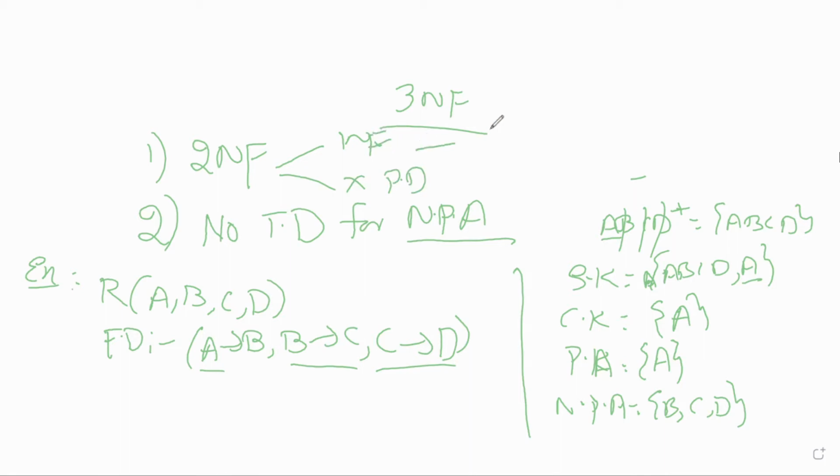What is 1NF? It should have only atomic values. As the given example is a relation and not tabular data, assume that it's already in 1NF. So what is the partial dependency property? If a proper subset of a candidate key determines a non-prime attribute, then it is called a partial dependency.